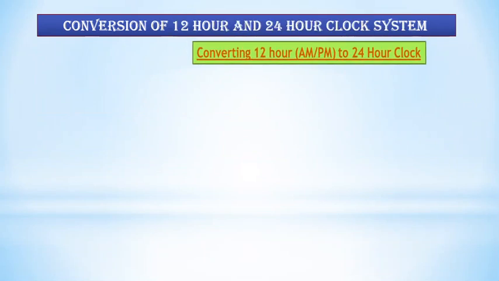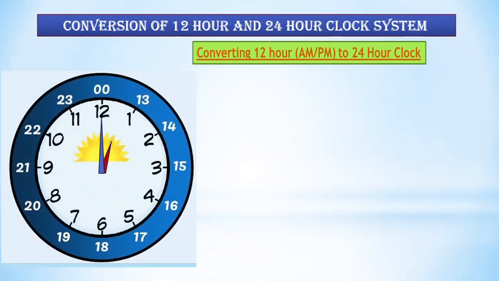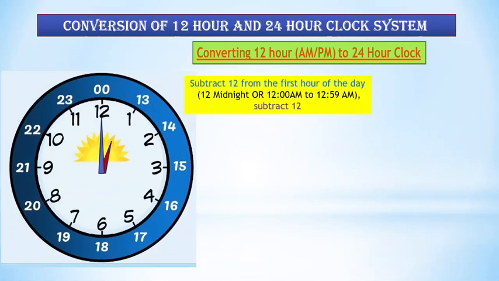Now we will convert time from 12-hour clock system to 24-hour clock system. There are 3 important rules we need to follow. When we convert time from the first hour of the day, and when I say first hour of the day, it means from 12 a.m. to 12:59 a.m. This is the first hour of the day.